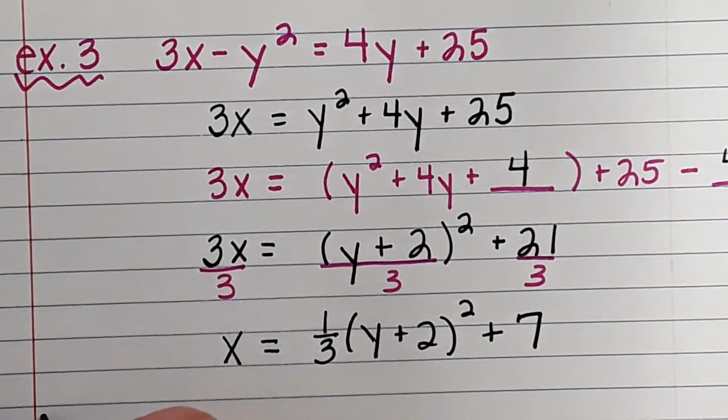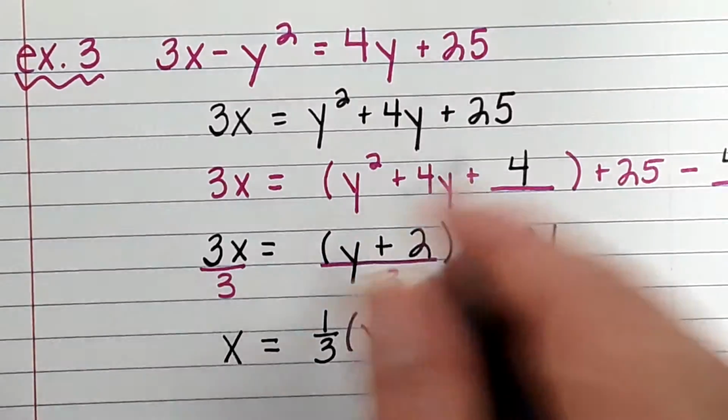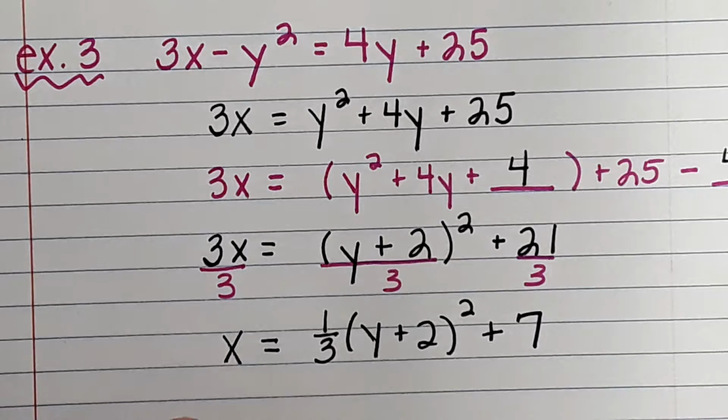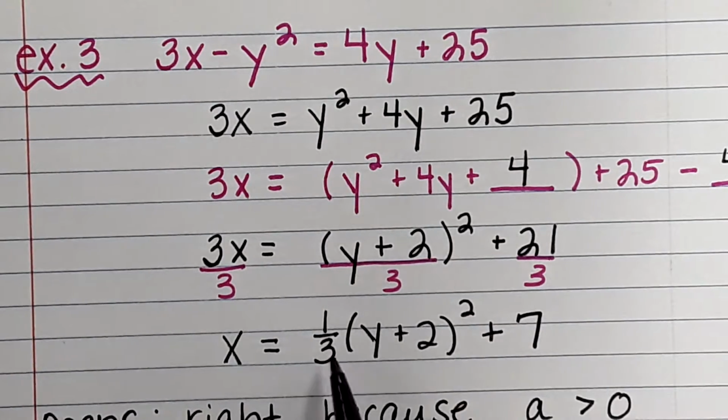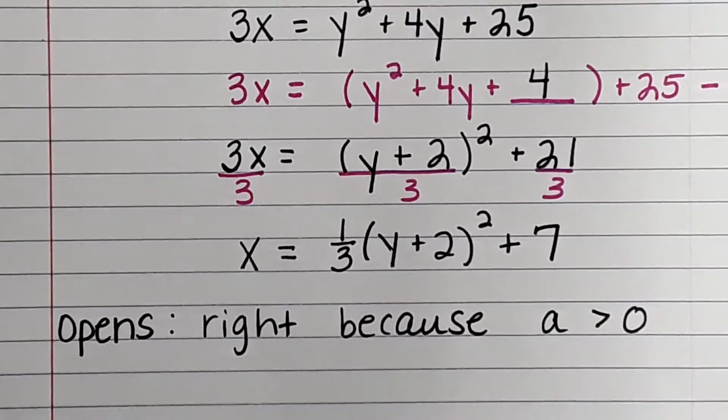Okay, so we already discussed the direction. We already know that this is a right or left parabola. So I want to know, what is the direction? It opens what? Which way? It opens right, because I'm just going to write this in here so you guys know a is greater than 0, and that's because a is 1/3, and you guys can't see that.